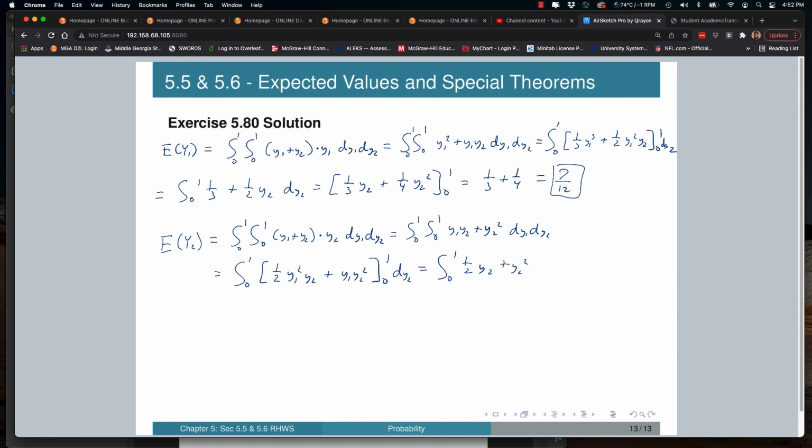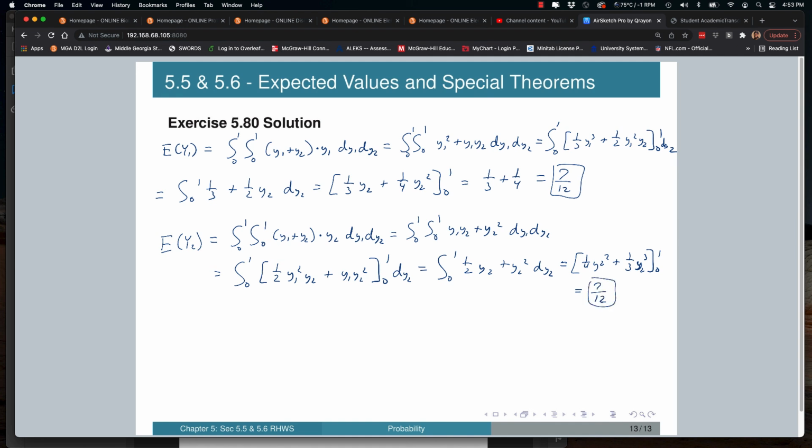It's kind of like the flip-flop of the thing we got before. Hold on a minute, this is supposed to be y sub 1 squared. Oh no, it's just supposed to be y sub 2. So yeah, that becomes 1/4 y sub 2 squared, brain fart for a moment, plus 1/3 y sub 2 cubed from 0 to 1, which is going to end up equaling 7/12 as well.